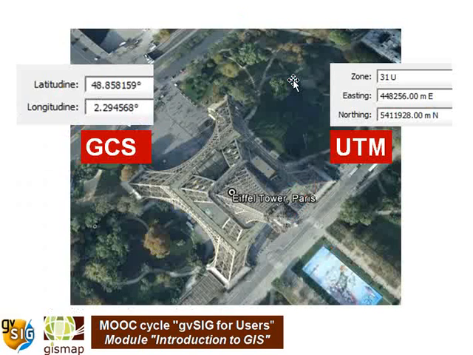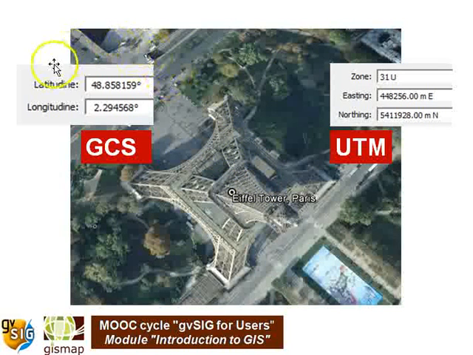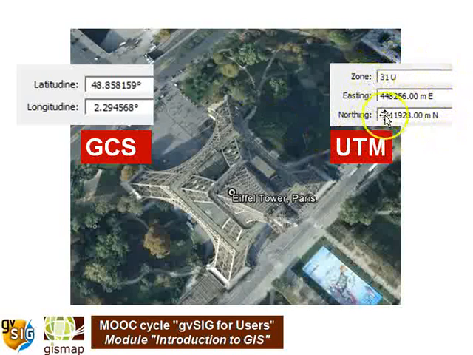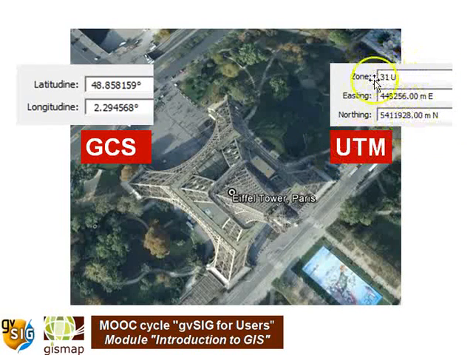As well, when you open web services like Google Earth, the same place, like the Eiffel Tower in Paris, can have two different ways of representing the coordinates. Here on the left, the geographic coordinate system with the coordinates expressed in degrees. Here is the UTM with the coordinates expressed in meters. And here you have as well the number of the zone where Paris is located.